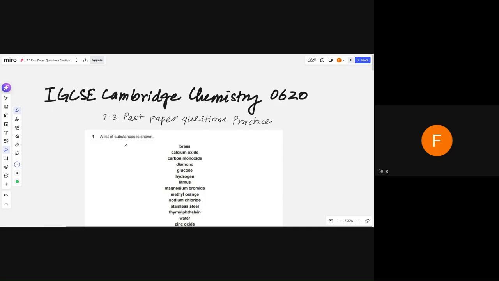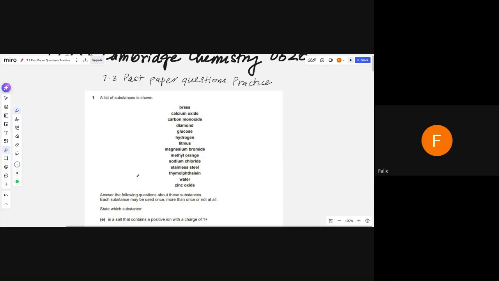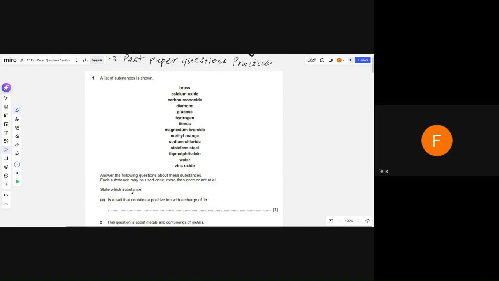So the first question says that a list of substances is shown. Answer the following questions about these substances. Each substance may be used once, more than once, or not at all. State which substance is a salt that contains a positive ion with a charge of +1.